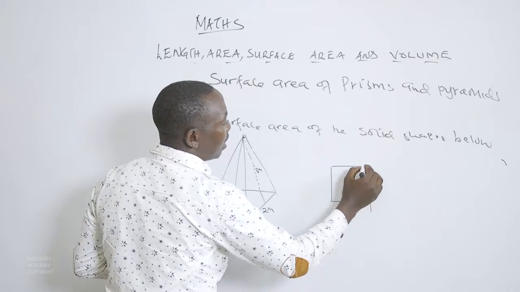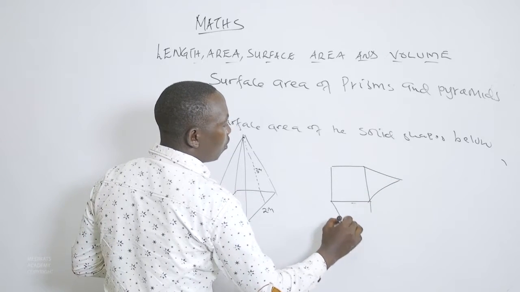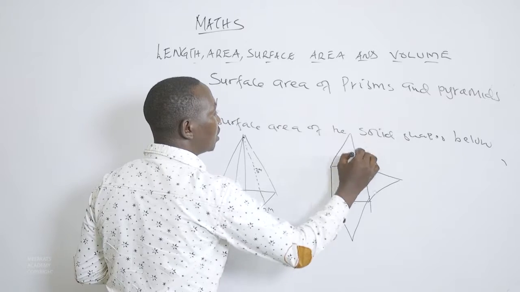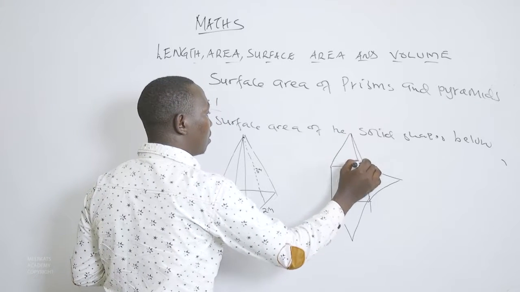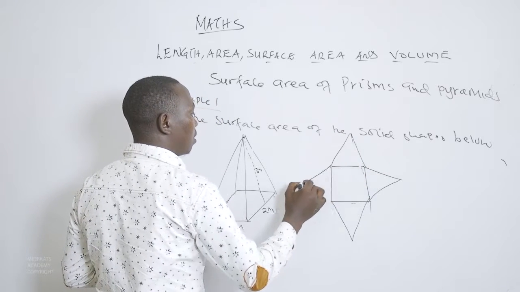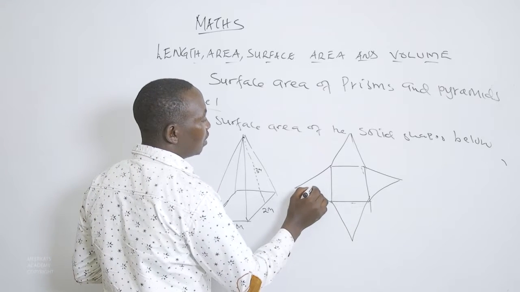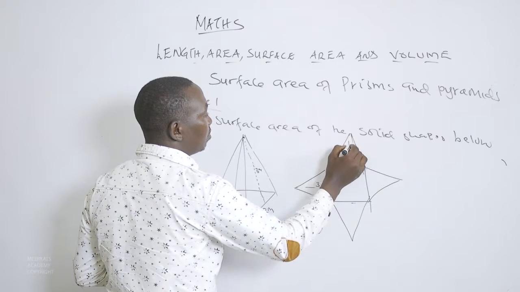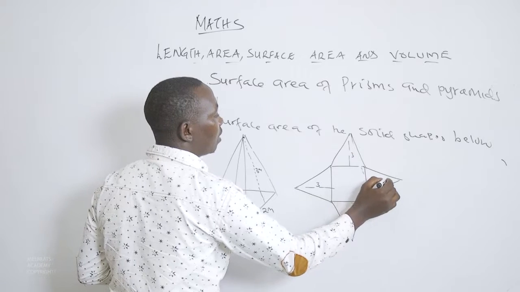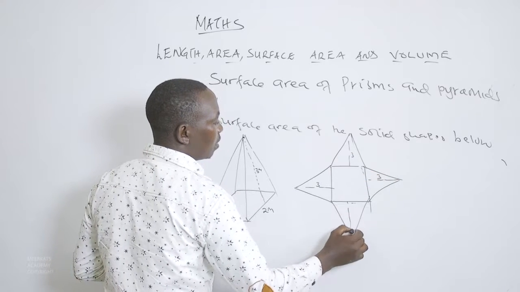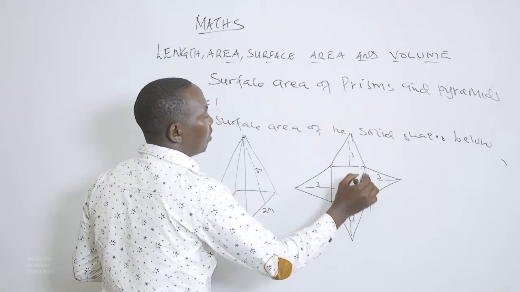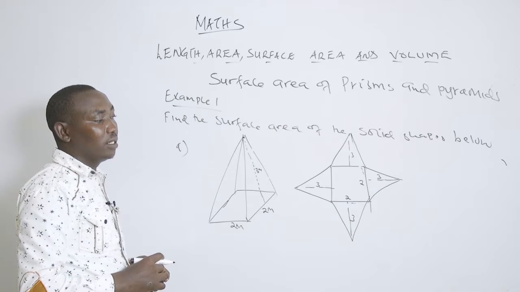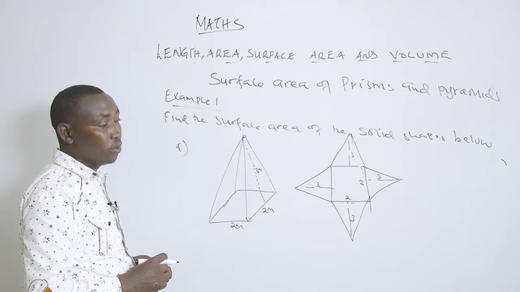of this particular figure, we'll have 4 triangles on all the sides. Each triangle has a height of 3 units, and the square itself is 2 by 2.